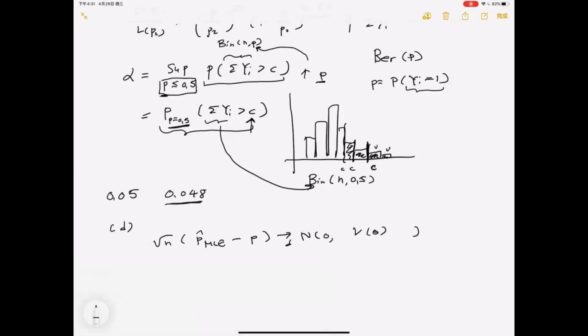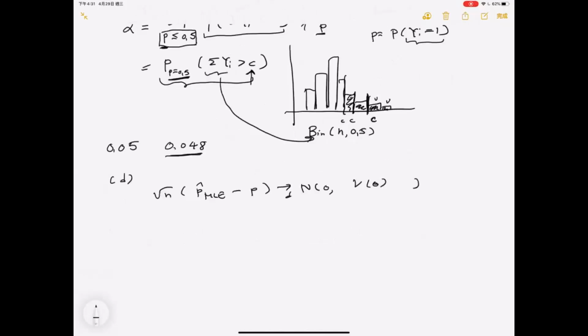If you have that, the easiest way of testing is what? Wald type test. Wald type test is nothing but root n times P hat MLE minus P divided by square root of V theta. And then I think my solution key is wrong, because I do have the null hypothesis smaller than 0.5.